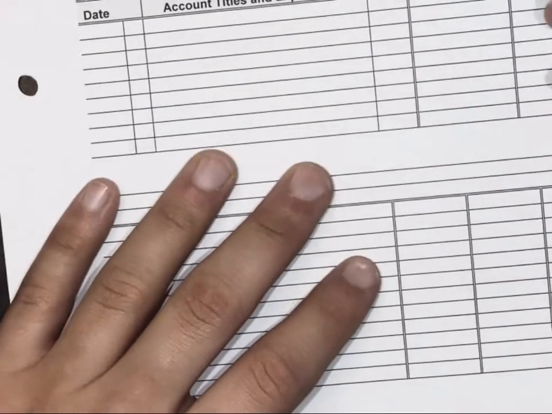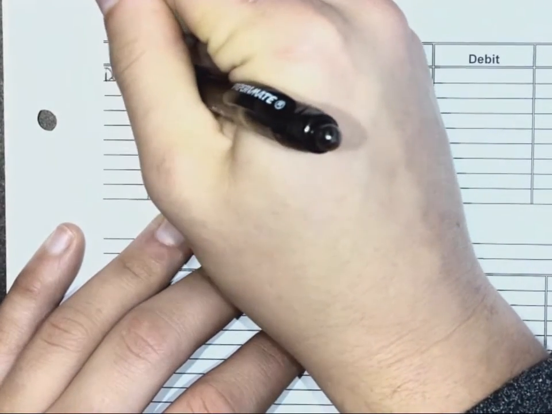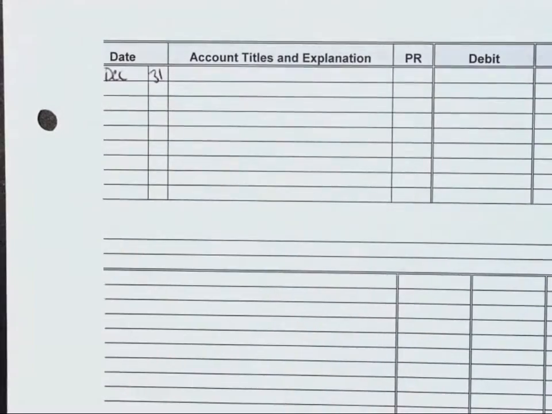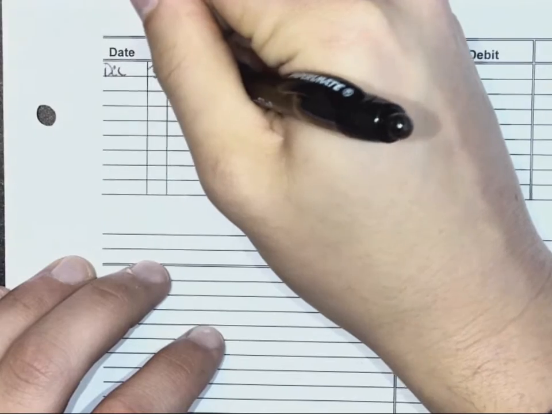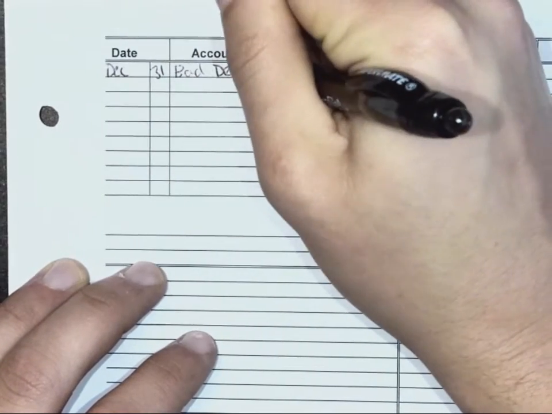So on December 31st, we will debit our bad debt expense.